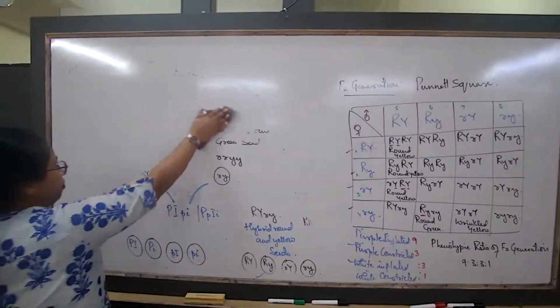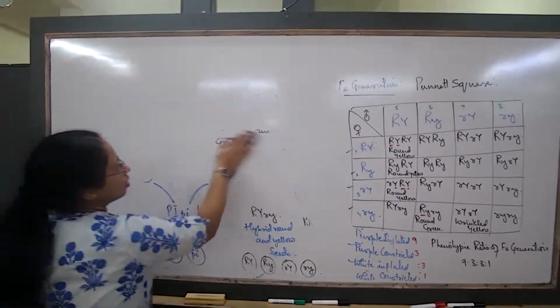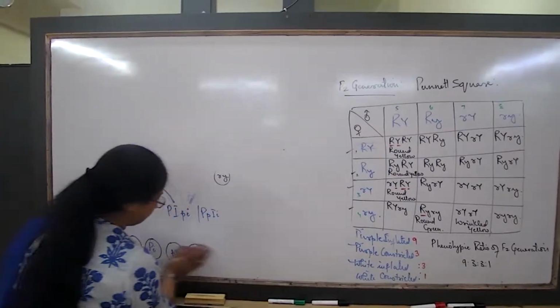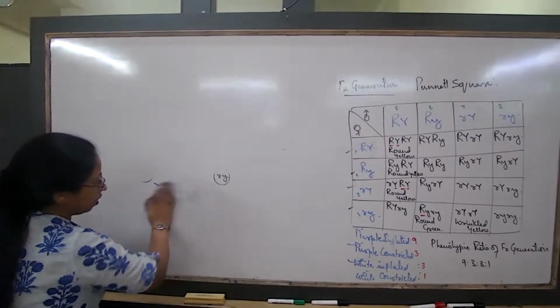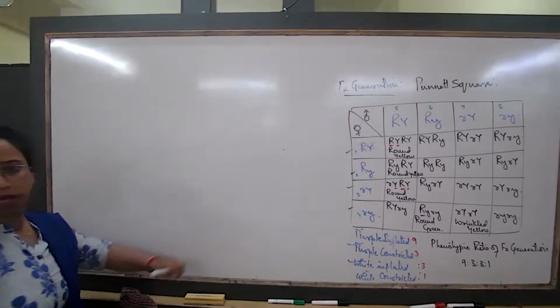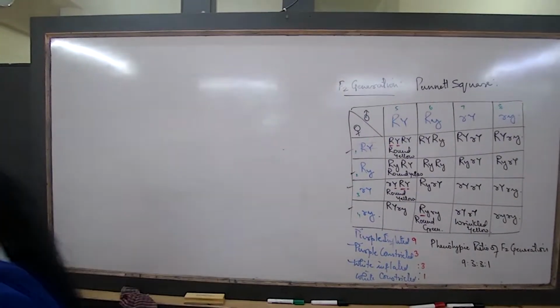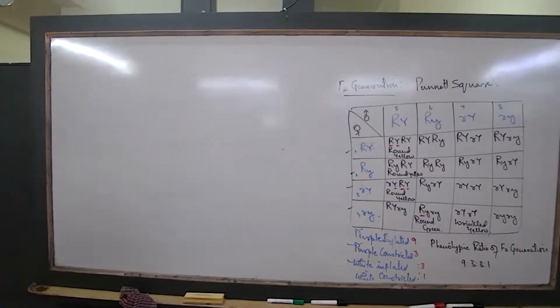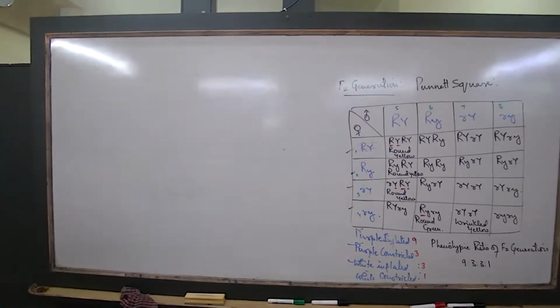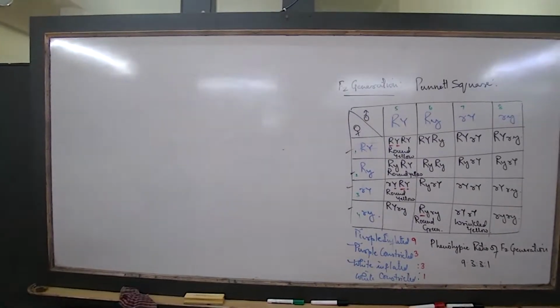Let us just get acquainted with some words. So in this entire concept, the basic thing is, are you able to understand the generation, their genotype, phenotype? Clear?